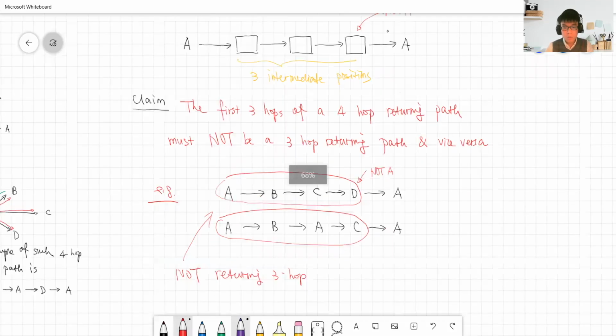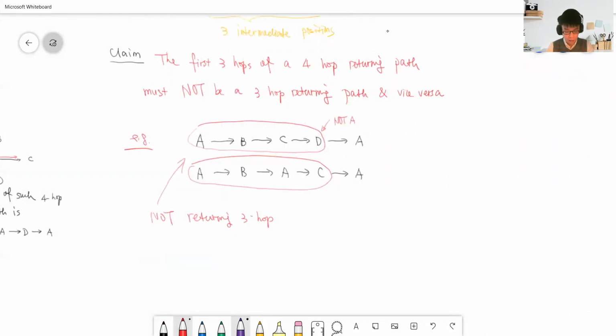That's the equivalent description of a 4-hop returning path.